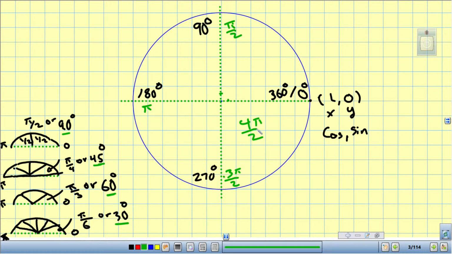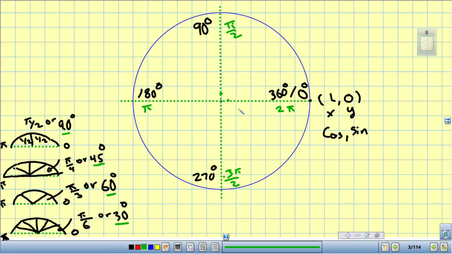How much is 4 divided by 2 equal to? 4 divided by 2 is just a 2. So the 360 has another name, which is 2 pi. Okay? So all we've done right now is just label the angles.